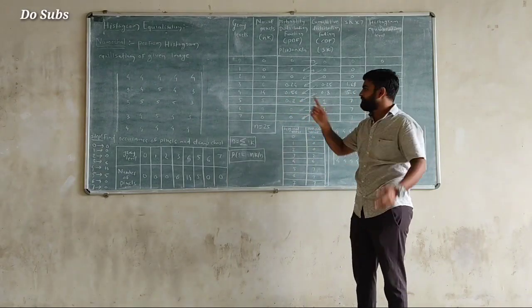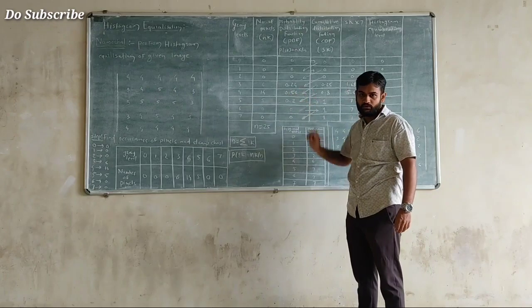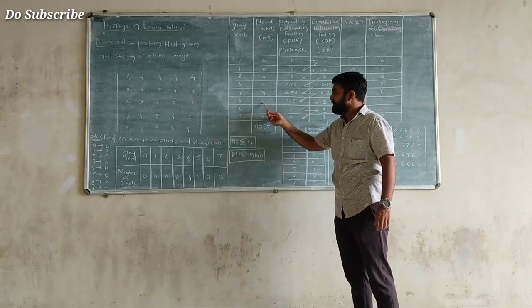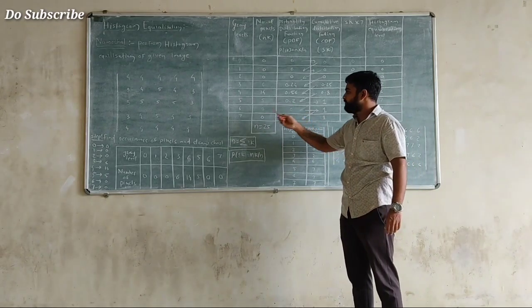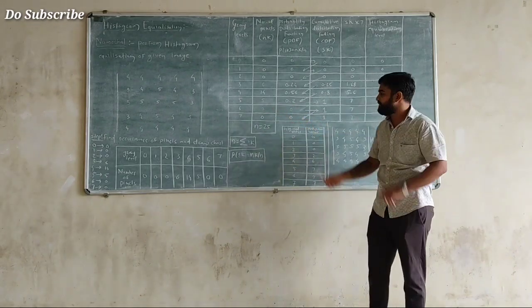Try to calculate this value, it is going to match the output. Then 5 divided by 25 is ultimately 0.2. Now we have 0, 0, so 0 divided by 25 is 0.